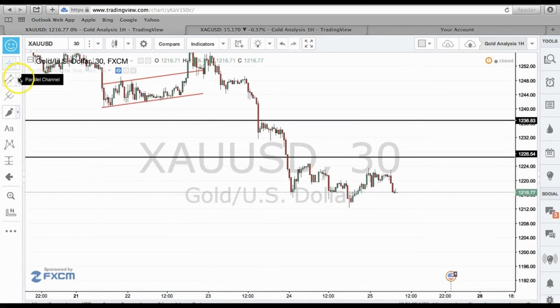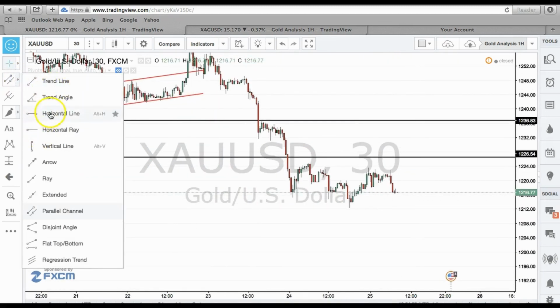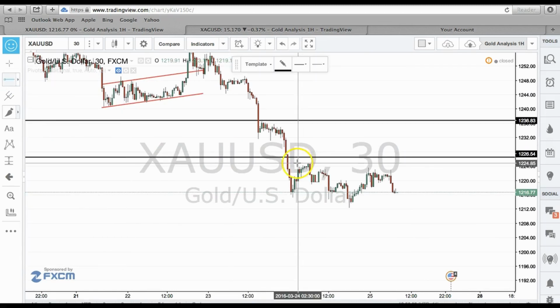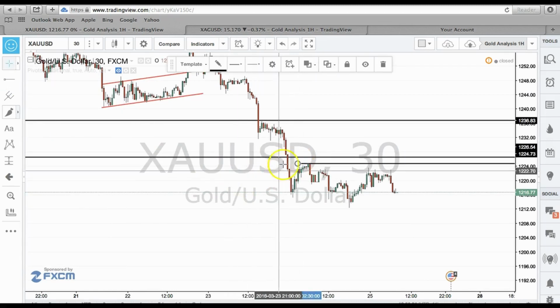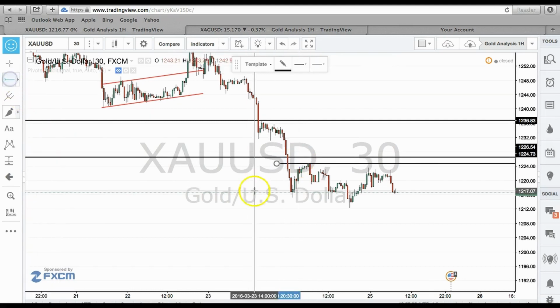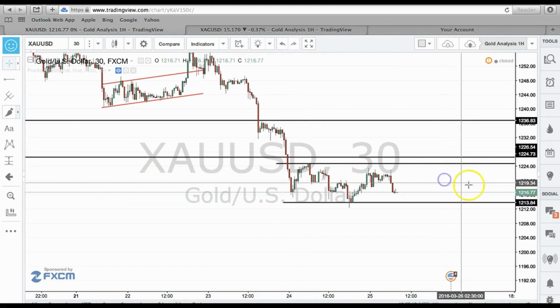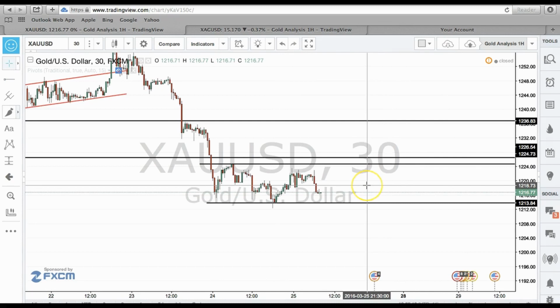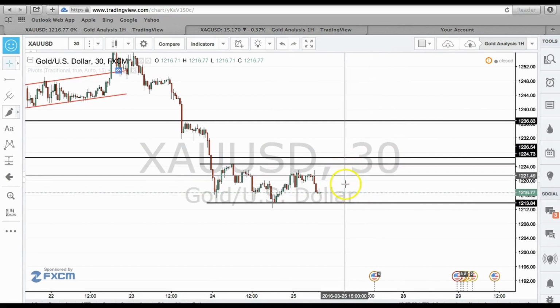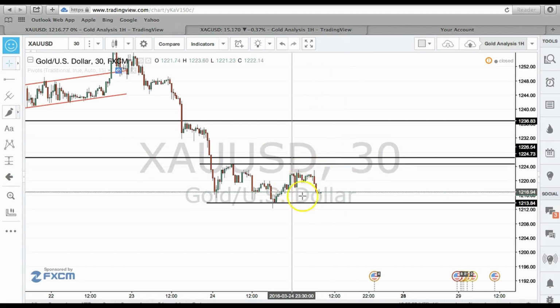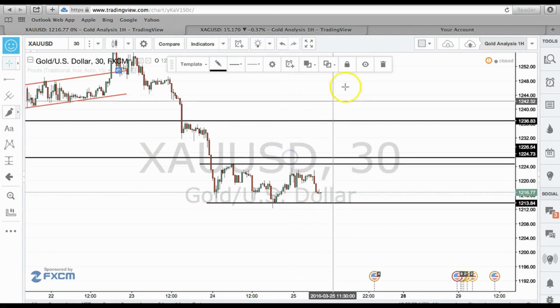Right here, I'd probably create a sideways channel. And again, price eventually is going to have a breakout, whether it be above or below this channel. So that right there would be a good sideways channel.